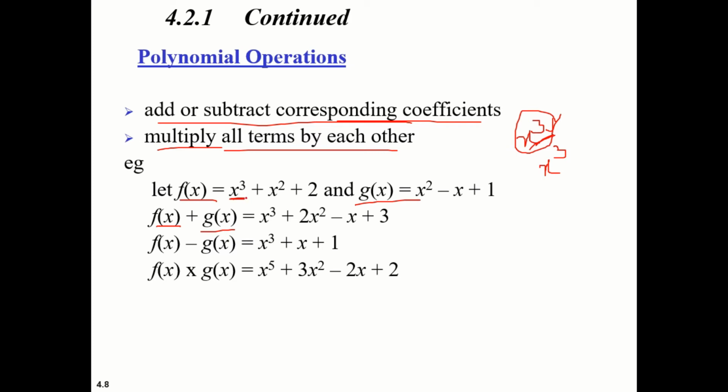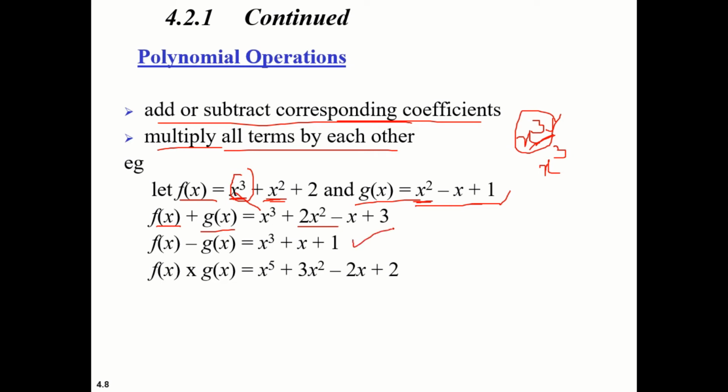So x^3 का जो addition है that will be with the x^3 only. Okay, so you can see here there is no coefficient or no term of x^3, so it will be written as it is. Here we are having these two terms of x square, so x square and x square, they will be added and you get 2x square. So just like this we can add or subtract the given polynomials.